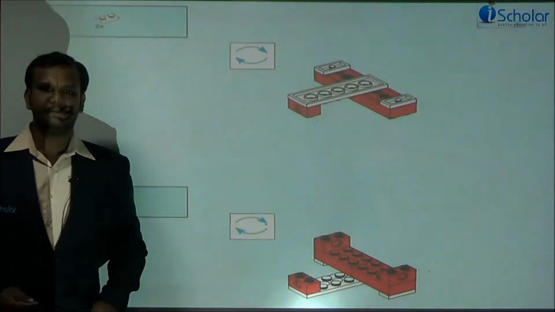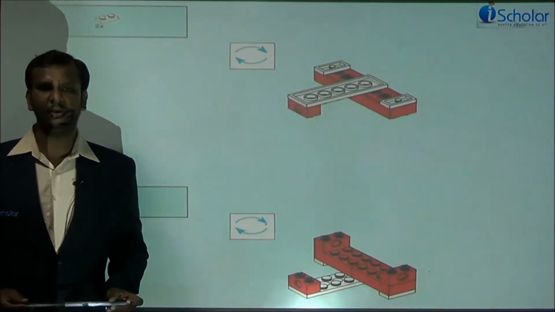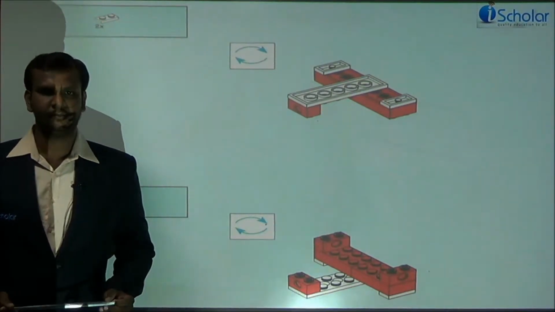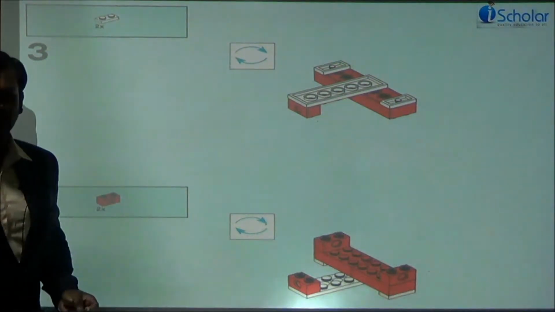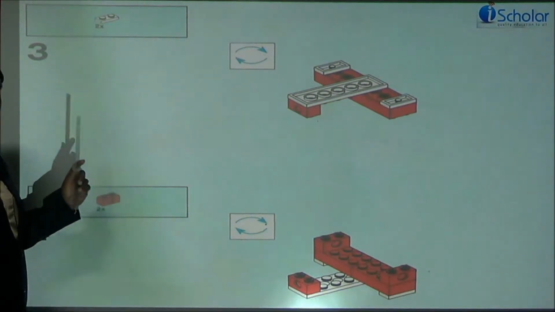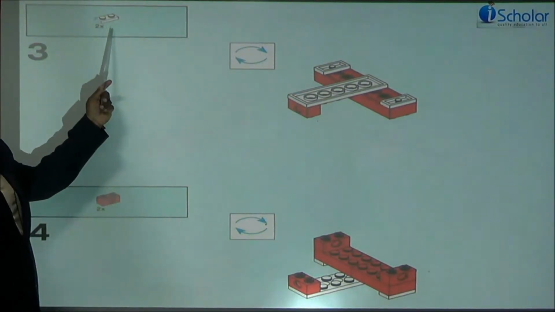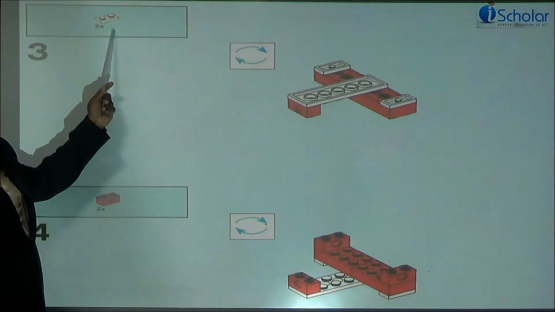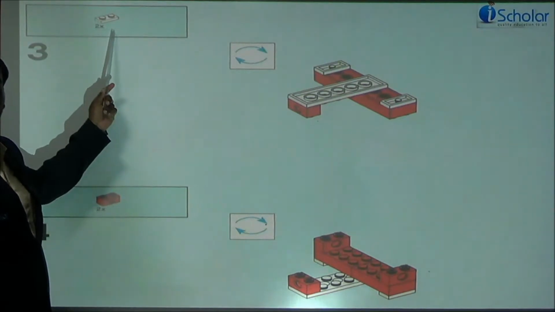So students, I hope you all have completed step 1 and 2. Yeah, that's great. So now we can move to step 3 and step 4. Listen carefully. Now we have to take 2 dotted small white color blocks. Just see the manual, keep the manual in front of you, and students in the group, kindly take care of the manual also.